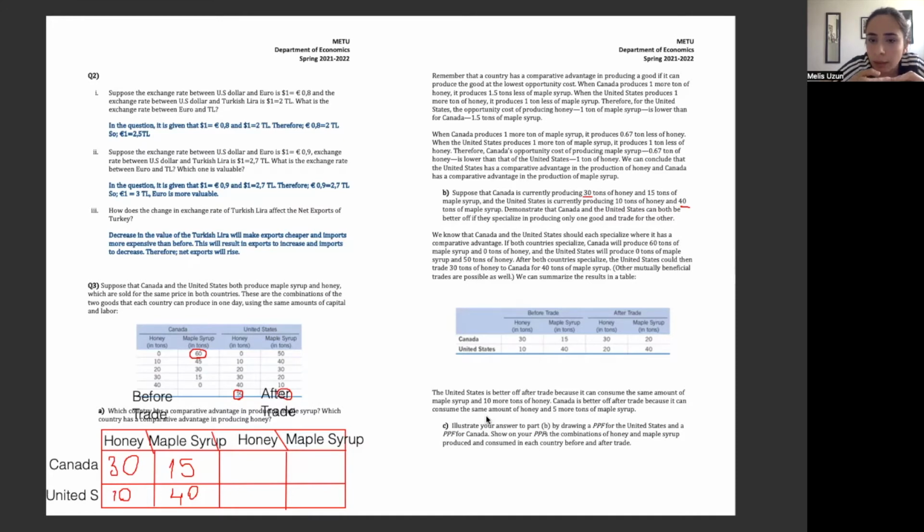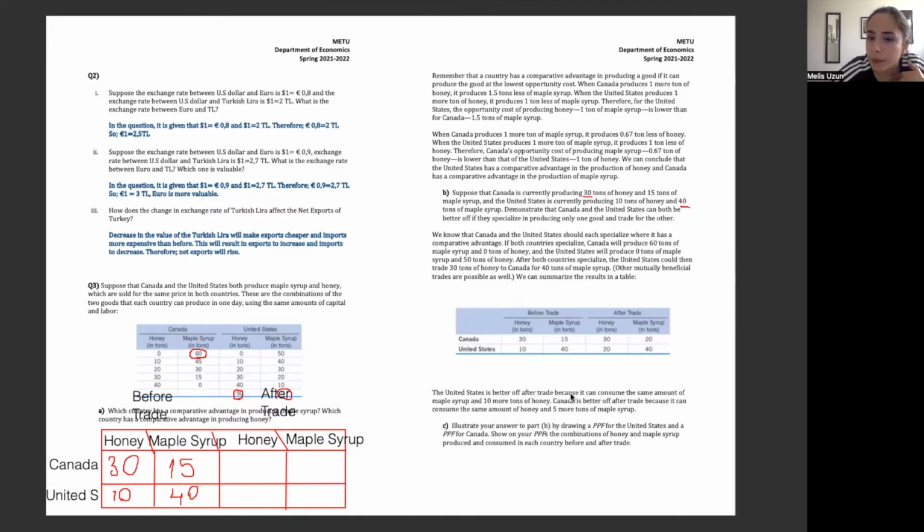Canada needs both honey and maple syrup, and the United States needs both honey and maple syrup, but if they produce only one of the goods, they need to get the other good from the other country. So let me use my pen.